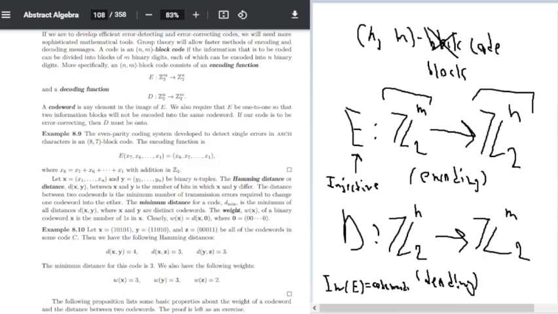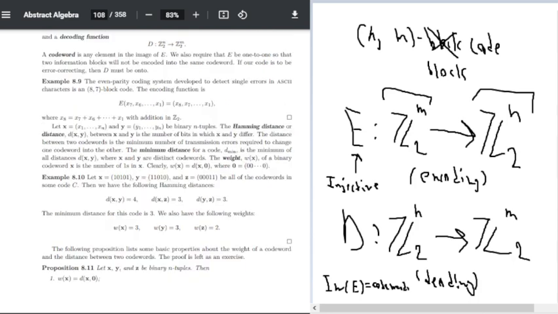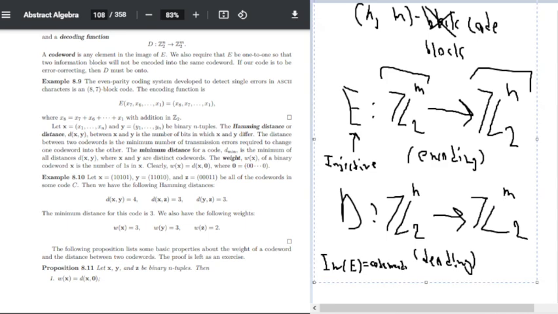A code word is any element in the image of E. We also require that E be 1-to-1 so that two information blocks will not be encoded into the same code word. If our block code is to be error correcting, then D must be onto. So I will also put that down.